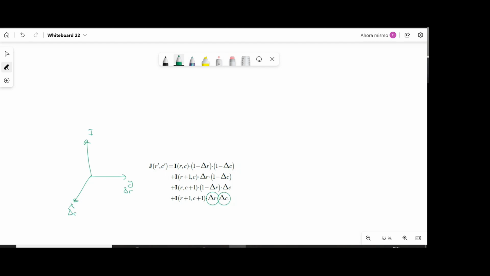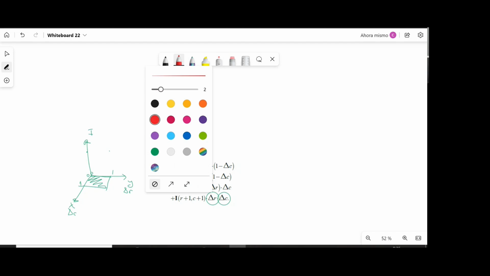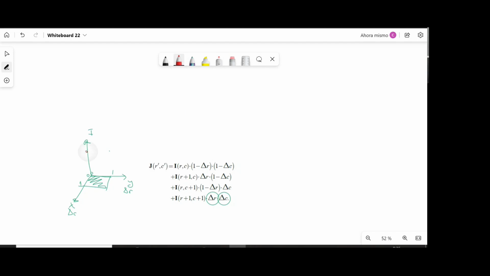And I'm working all the time in the region 0, 1. So this is the region 0, 1, 0, 1. So delta R and delta C are only taking values here. And then I have the 4 values of my intensities. Okay, these are the red values that we are having from our input image.